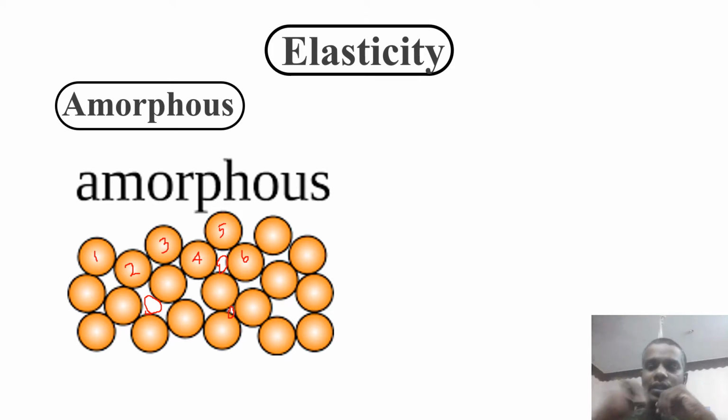Even some paints, I'm not talking about nano paint, the painting material, are amorphous. Even though the outside looks neat, if you look at the internal structure, it is in a disordered manner. That's why we call that material amorphous. You can take several examples. Now we can look at the next type of material.